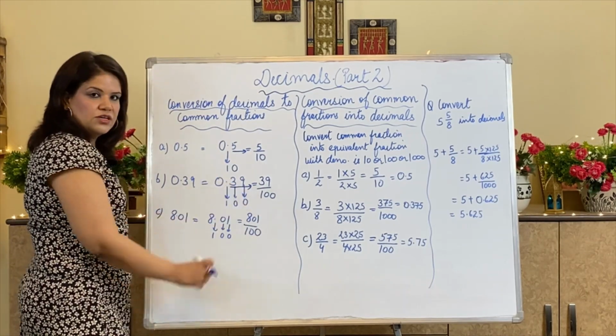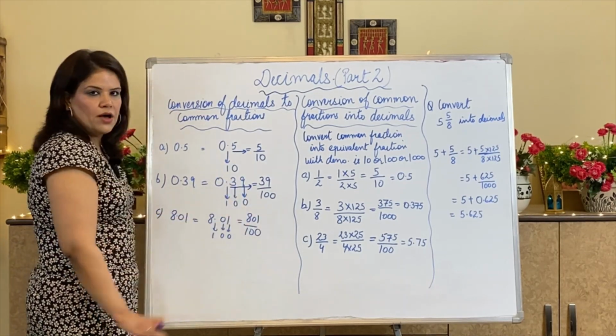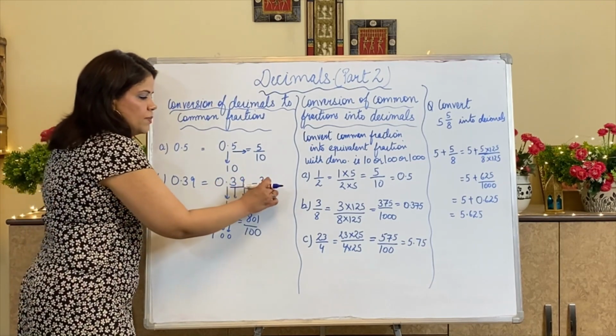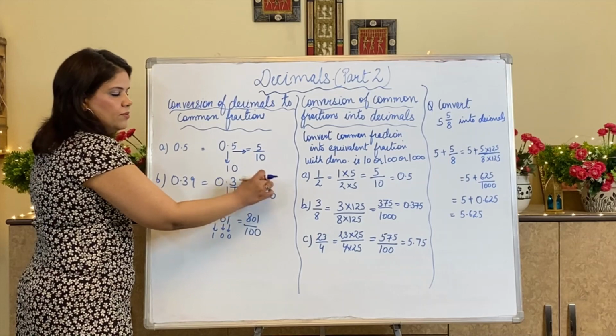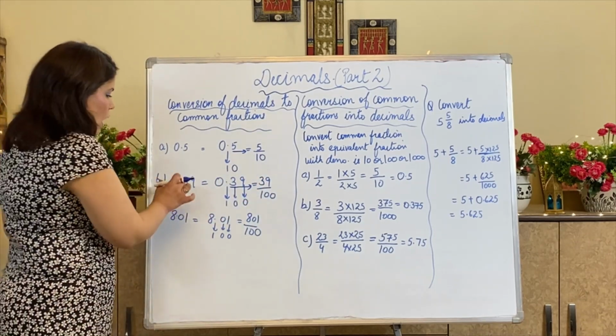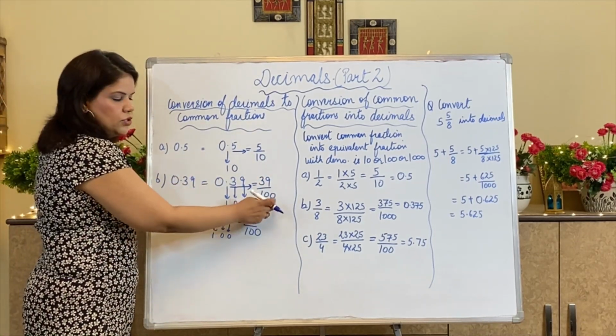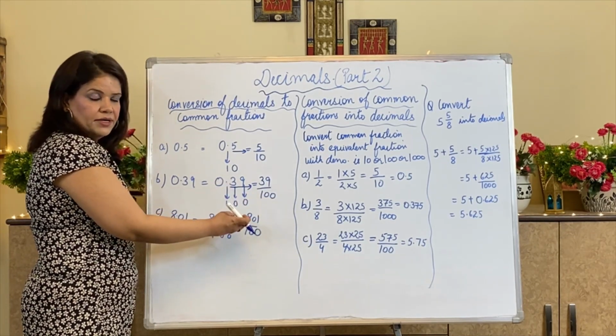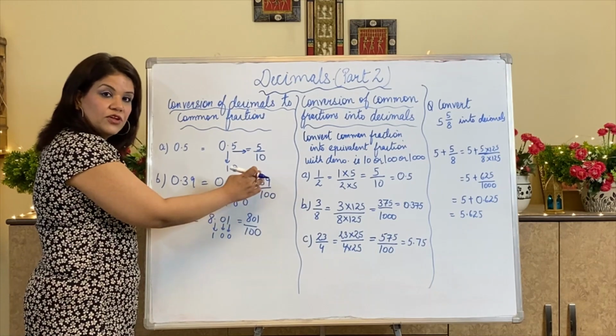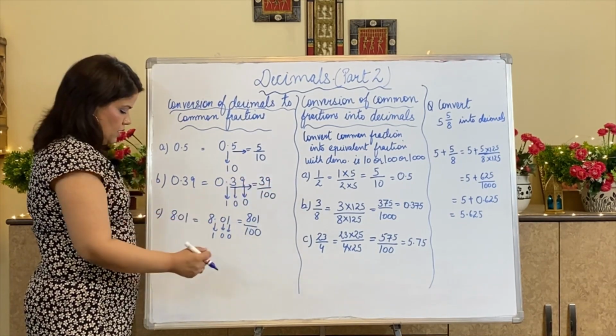Since there are 2 digits after the decimal, 2 zeros have come. Now I will write this in the denominator, and without the decimal I will write the numerator. So I have gone from decimals to fractions. Understood? I have withdrawn my denominator and then I am writing the numerator without the decimal point.